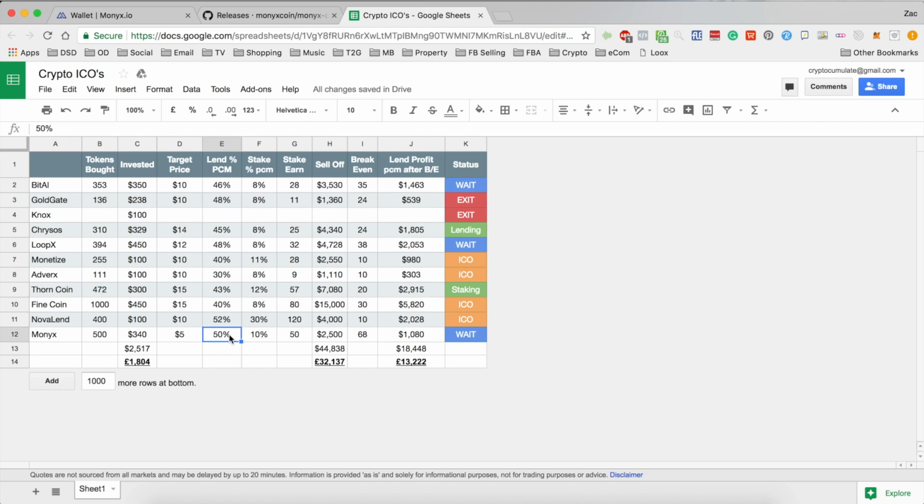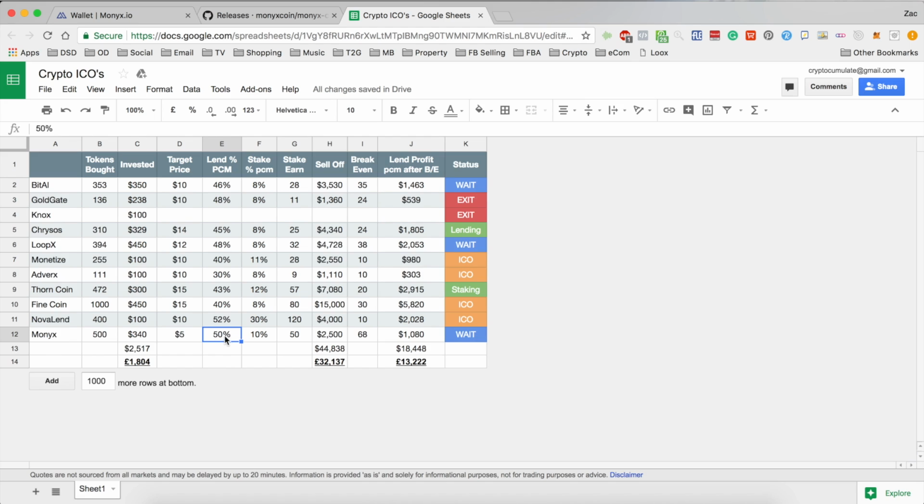And then the lending and staking percentage, I've populated this based on what they said on their website, or in their white paper. Lending percentages went from 50 to about 54, I think, depending on the amount of the loan you put in.